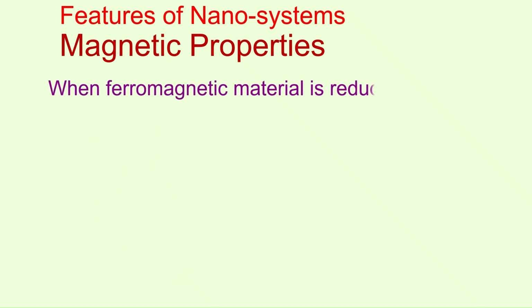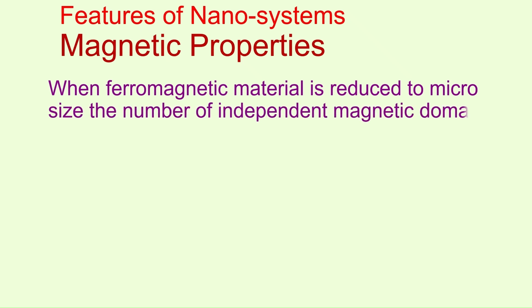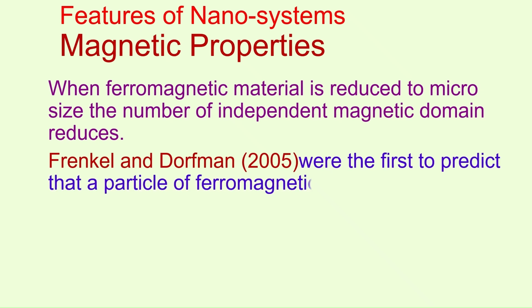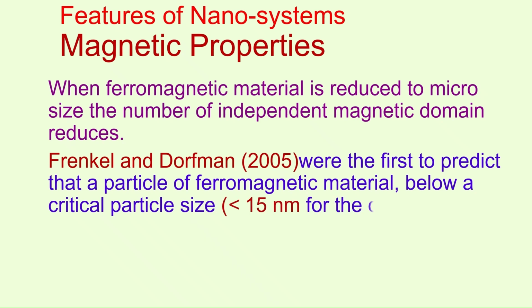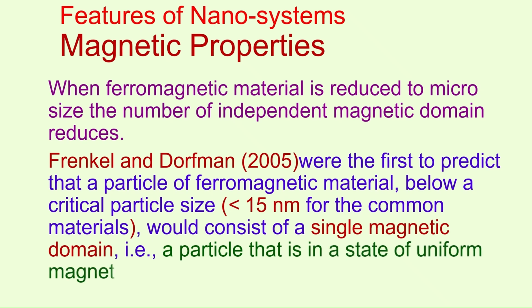When ferromagnetic material is reduced to micro size, the number of independent magnetic domains reduces. Frenkel and Dorfman, in 2005, were the first to predict that a particle of ferromagnetic material below a critical particle size, less than 15 nanometers for the common materials, would consist of a single magnetic domain, that is, a particle that is in a state of uniform magnetization at any field.